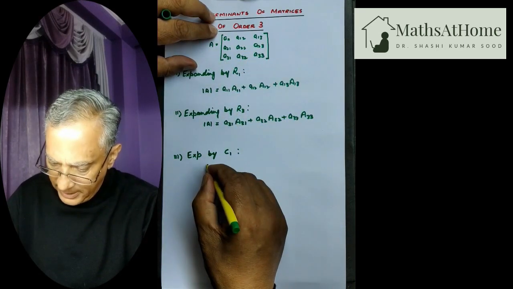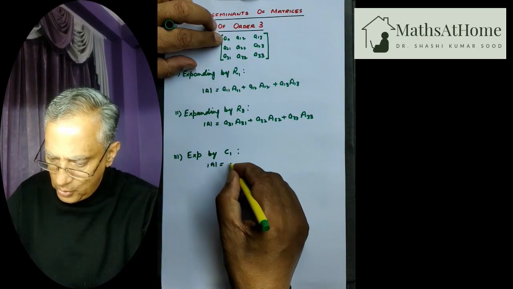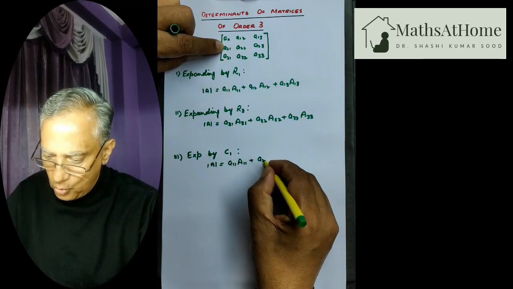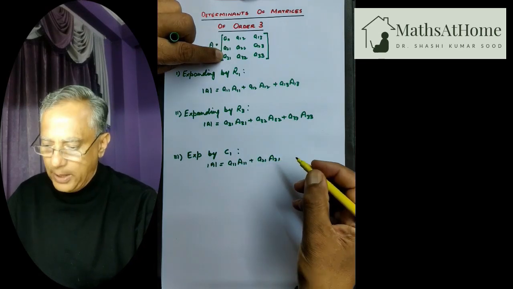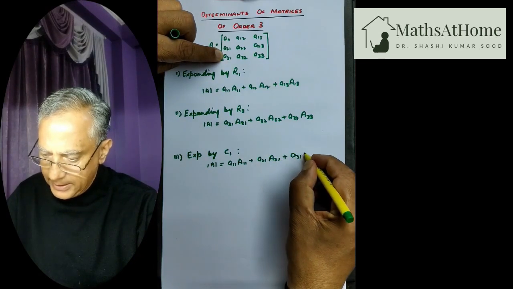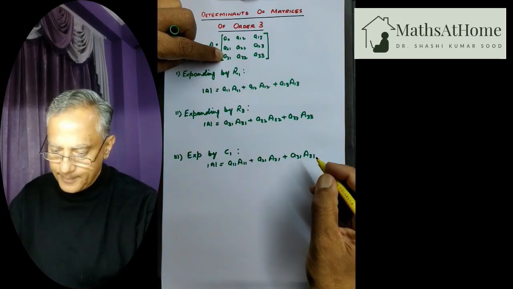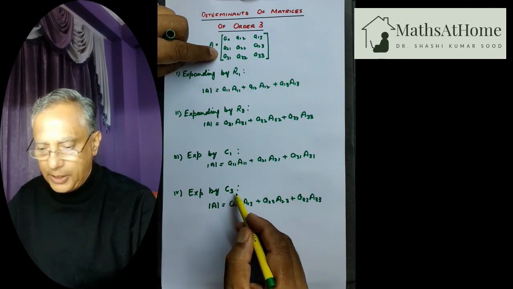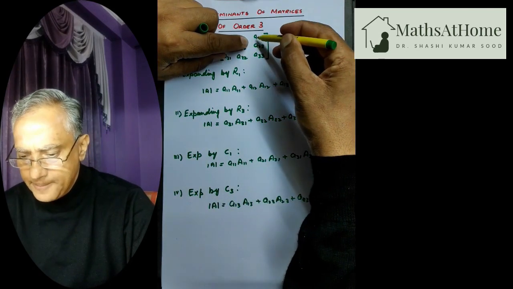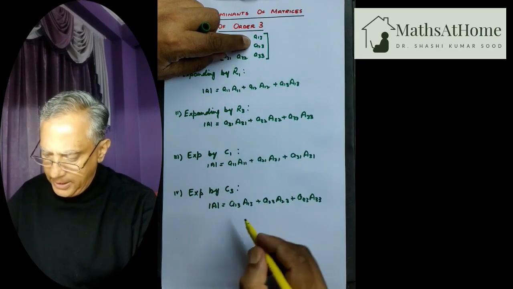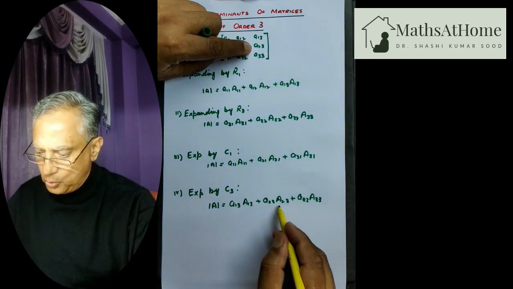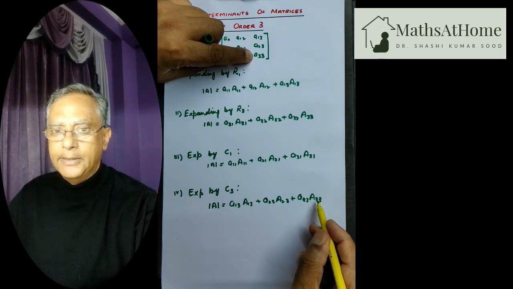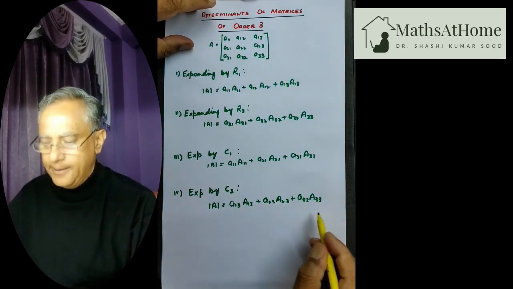So determinant of A will be equal to a11 into capital A11 plus a21 into capital A21 plus a31 capital A31. And similarly, if we expand this determinant by C3, this is C3, so a13 into capital A13 plus a23 into capital A23, a33 into capital A33. So this is the value of the determinant.